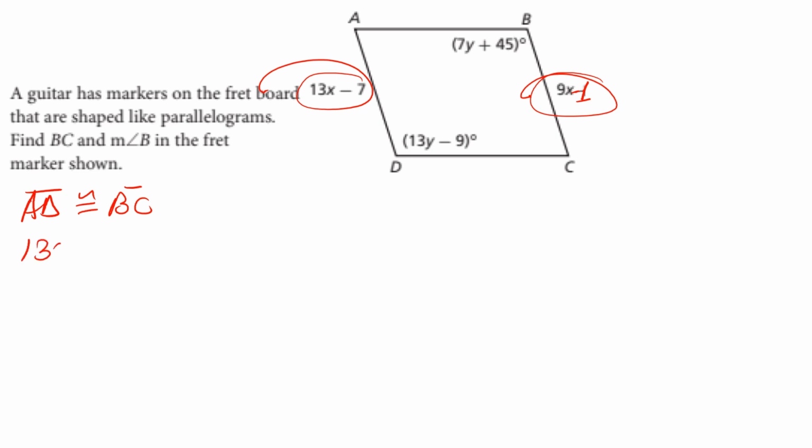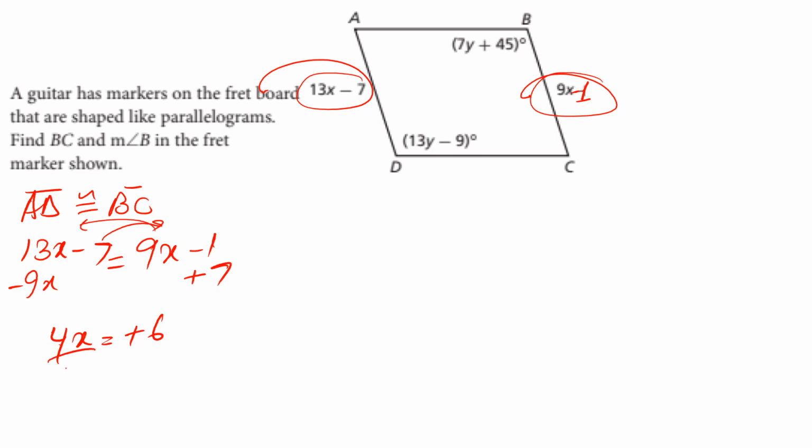It is 13x minus 7, equal to BC, which is 9x minus 1. Bring the 9x to the other side, it gives you negative 9x, and bring the negative 7 to the other side, plus 7. 13 minus 9 gives you 4x, plus 7 minus 1 gives you plus 6. 4x equals 6, divide both sides by 4, so x equals 3 by 2, that is 1.5.